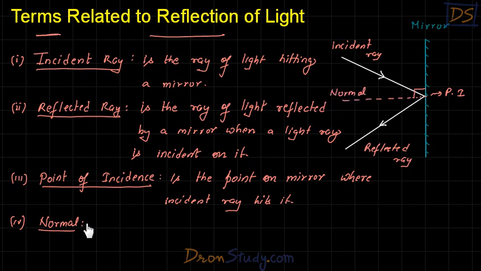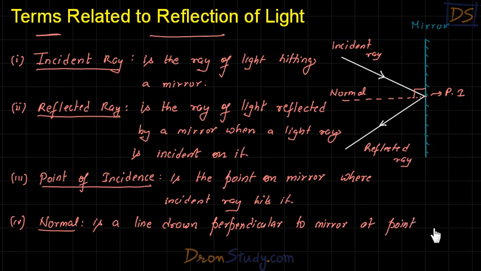So we can write: normal is a line drawn perpendicular to the mirror at the point of incidence.